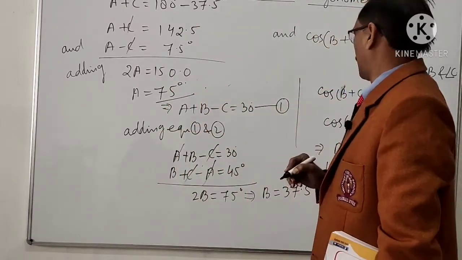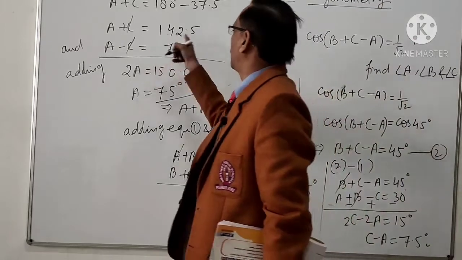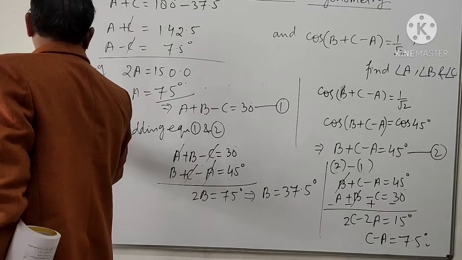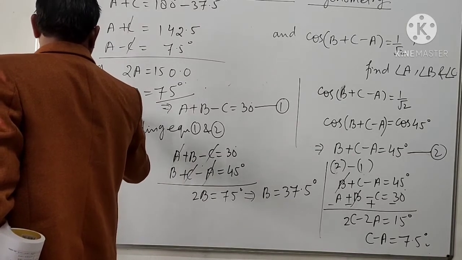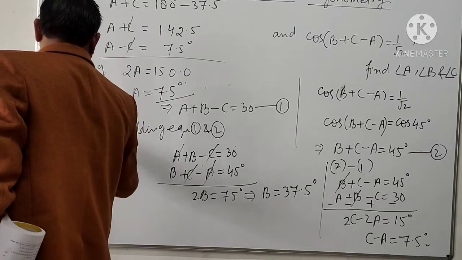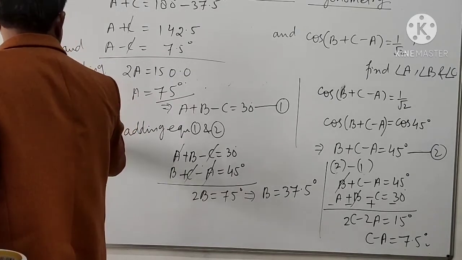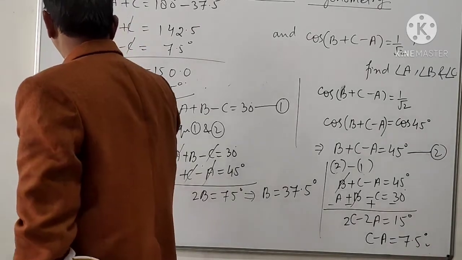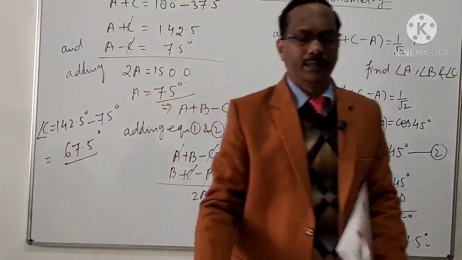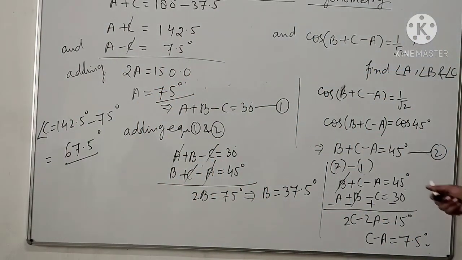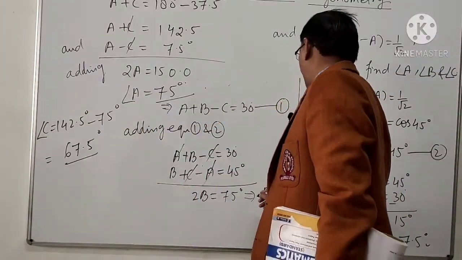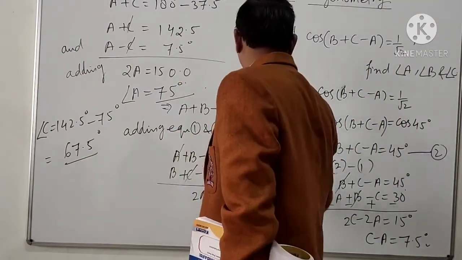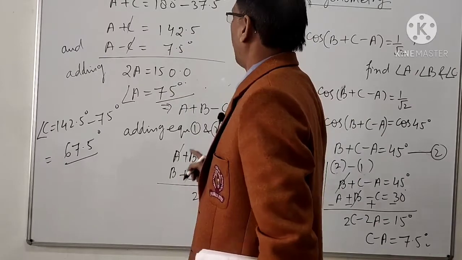Then A + C is 142.5, so angle C is 142.5 degree minus 75 degree, we will get 67.5 degree. So this way we will get all the angles. Angle A 75 degree, angle B 37.5 degree, and angle C is 67.5 degree. If we add them, we will get 180 degree.